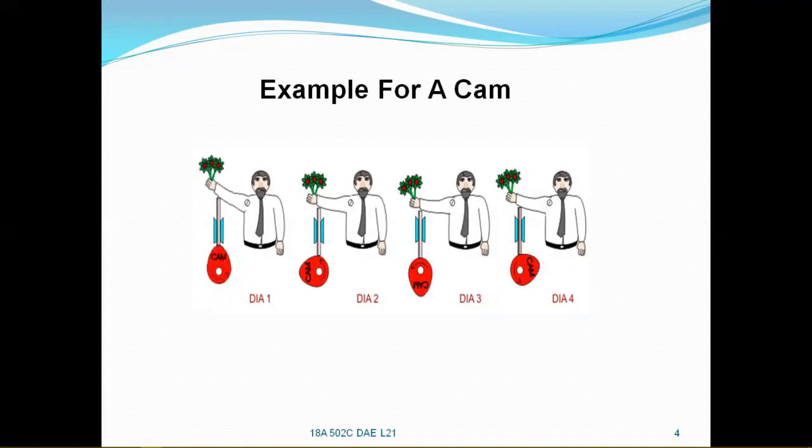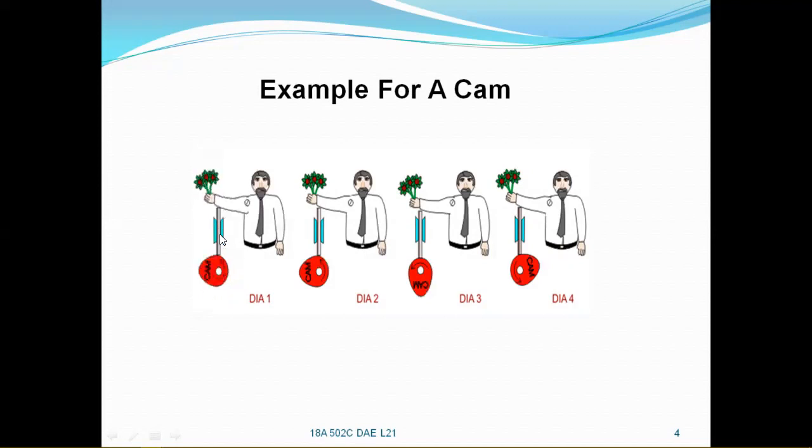See here, if you observe this red plate, this may be the cam, and it is rotating about a point. As it is rotating, one vertical rod, in between these two supports, is reciprocating vertically.